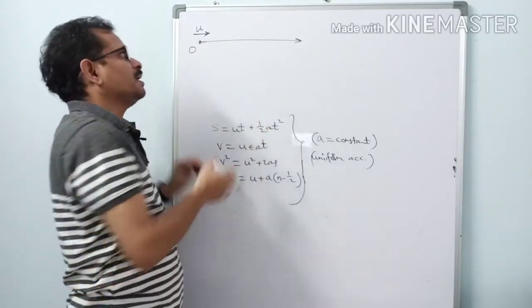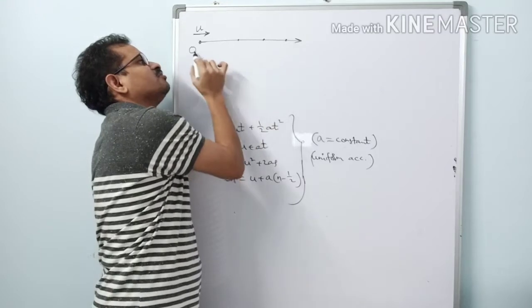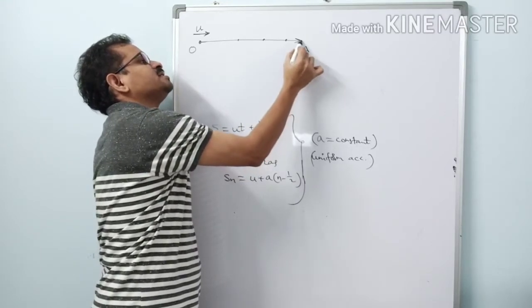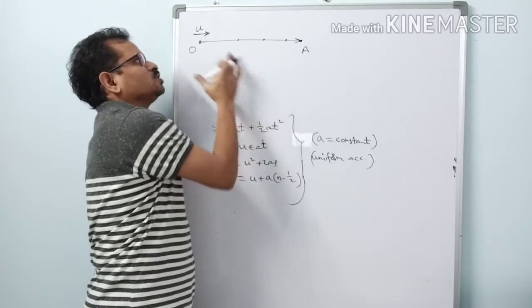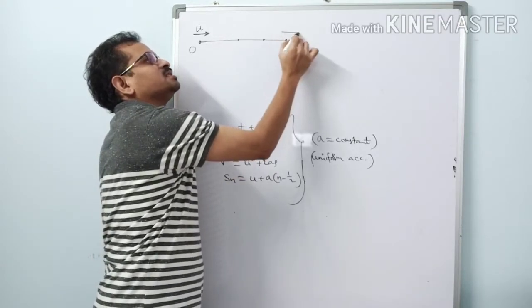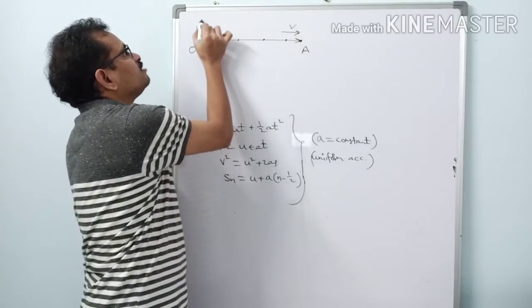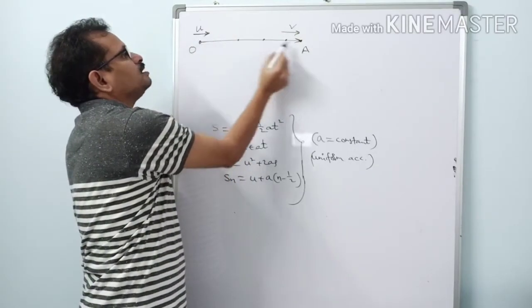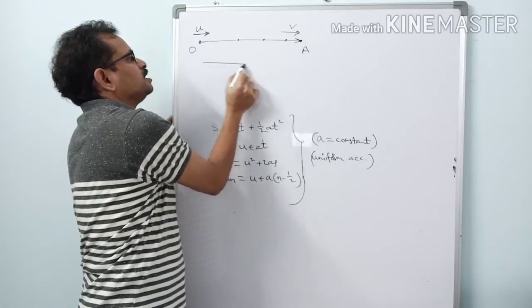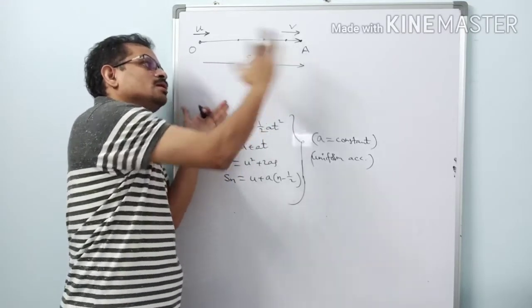Rightwards. Suppose A is the end point of this journey. From O to A, what is the direction of velocity? V is always rightwards. Then what about displacement? This is the initial point, this is the final point, so this is the displacement vector. The displacement vector is also rightwards.